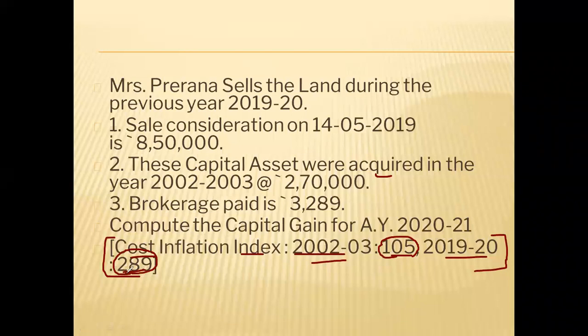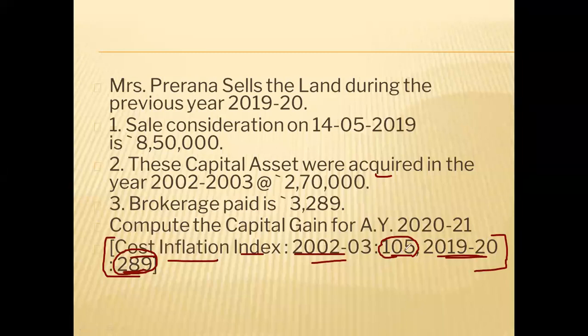This is the basic understanding of cost inflation index. If you want to purchase any item in 2002-3, you should pay 105 rupees, but the same item in 1920, you will have to pay 289 rupees. So cost is increased. Inflation will keep on increasing every year. So this is the meaning of cost inflation index.